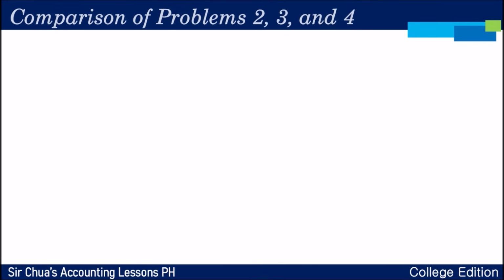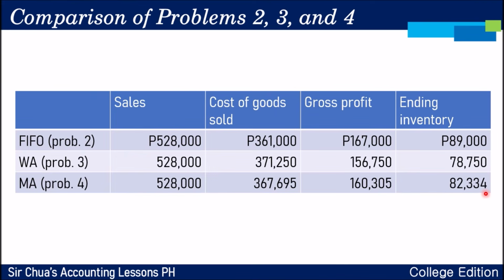Okay. So, pag kinompare po natin sila, syempre yung sales pare-pareho lang kasi lahat po yan ay 6,600 units times 80. Diba? And then, pag tinignan nyo yung cost of goods sold, gross profit, tsaka ending inventory, hindi po sila ganong nagkakalayo. So, for academic purposes, kung yung teacher nyo po is pinag-solve po kayo ng isang problem, pero iba-ibang method, malalaman nyo na parang tama naman yung sagot ko dahil hindi sila nagkakalayo-layo lahat.